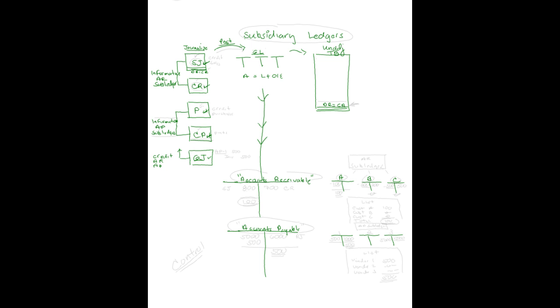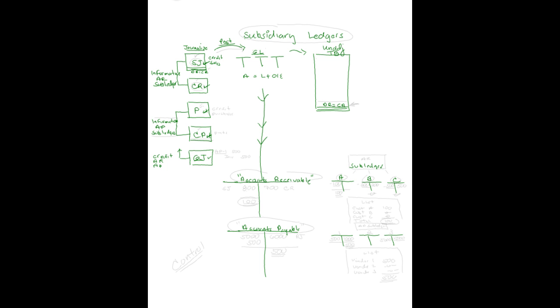You have a record of credit sales in the sales journal, and these are entered in total in the accounts receivable account at the end of the month. During the course of the month, as transactions are happening, they're being entered into the sales journal, and as they're being entered into the sales journal, they'll also be entered into the accounts receivable subledger.